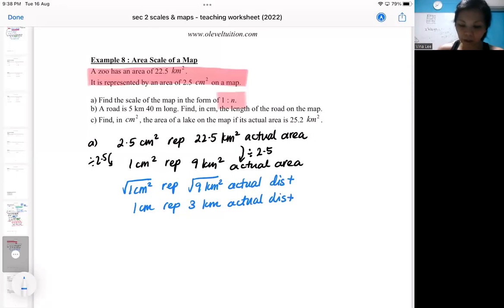And if I need the scale, I hope you still remember, it has to be in centimeter. So you convert slowly to the centimeter. To make things easier, you just convert here. Convert to meter, convert to centimeter.